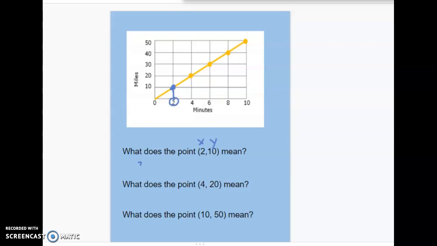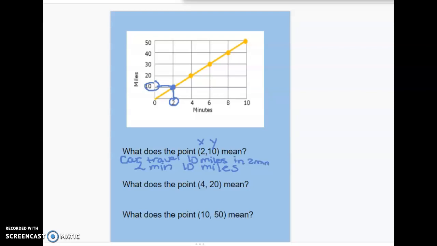Let's write that down. 2 minutes. And this means 10 miles. Right? So it means that this race car can travel, we should probably put that first, 10 miles in 2 minutes.